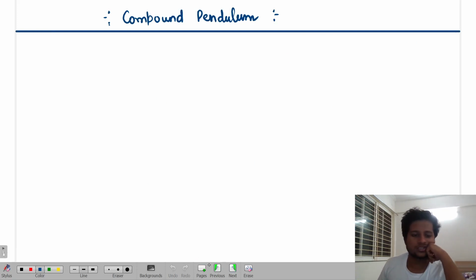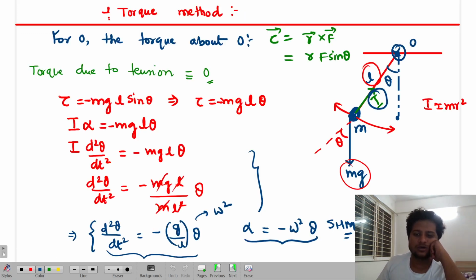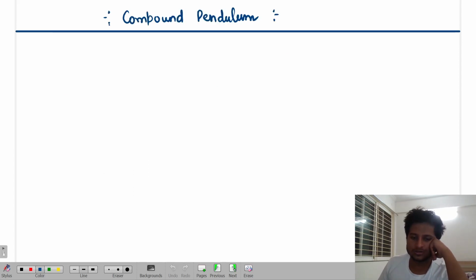Okay. Now let us see the compound pendulum. Till now we have done the oscillation of a bob. Just the bob we have tried to oscillate, but think of one case.